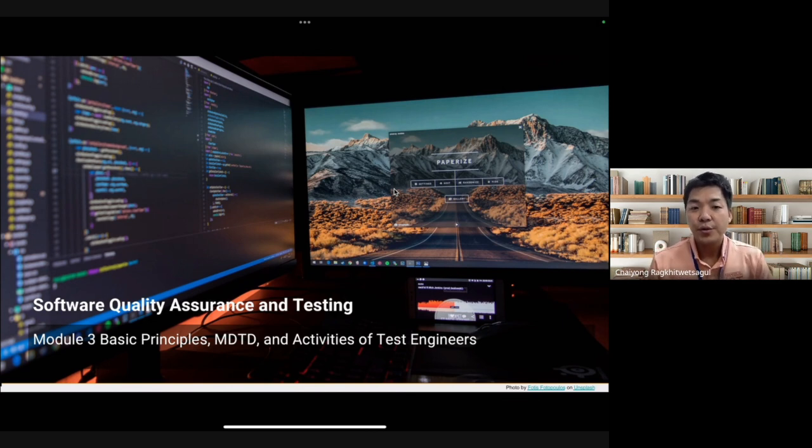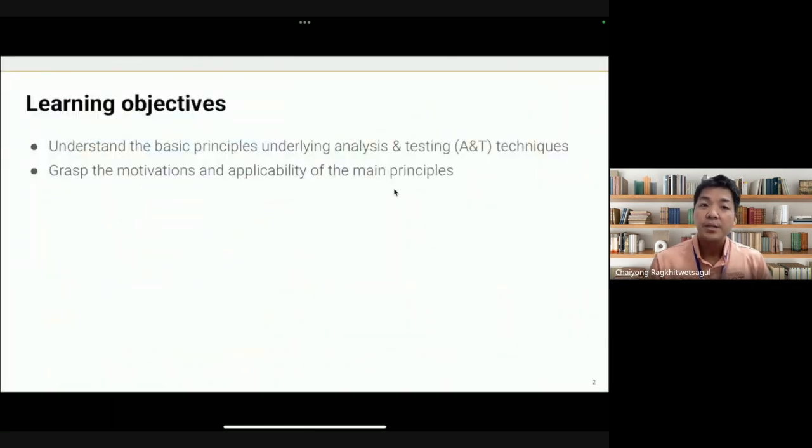So in Module 3, we're going to discuss some basic principles related to software analysis and testing, model-driven test design, and the activities of the test engineers. In this module, you learn some basic principles that underlie the analysis and testing techniques, and then grasp some motivation of these principles.